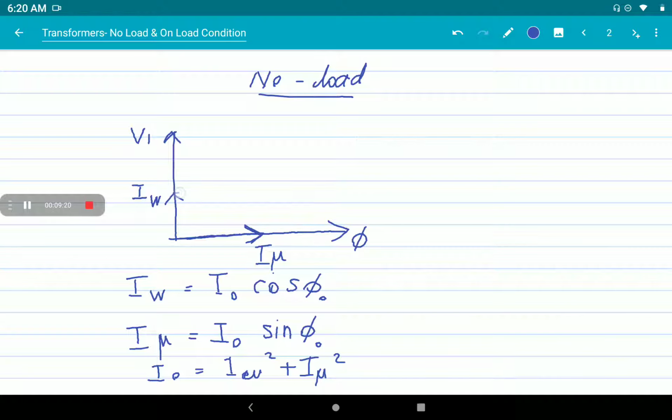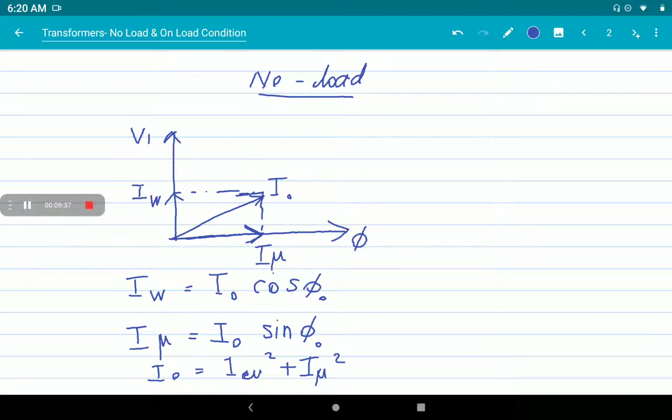So this will be our I0, the vector sum of IW and I mu.